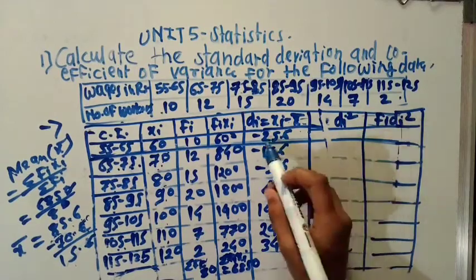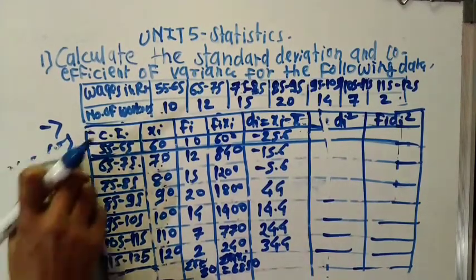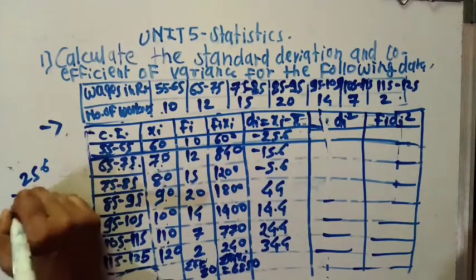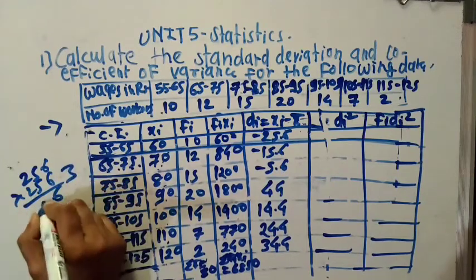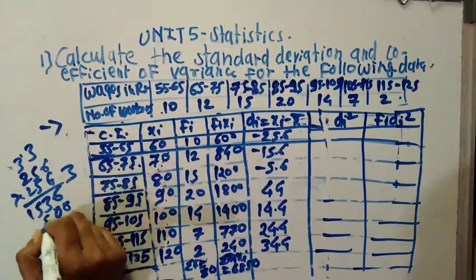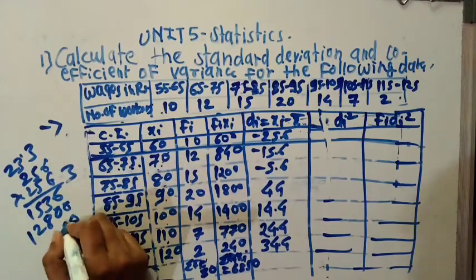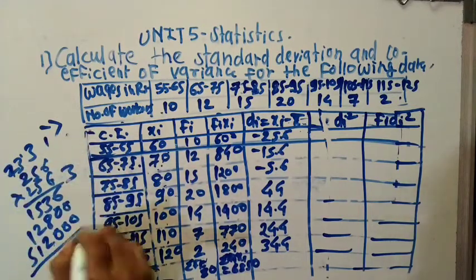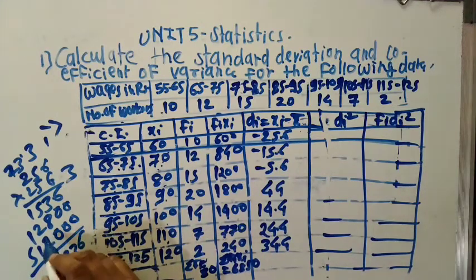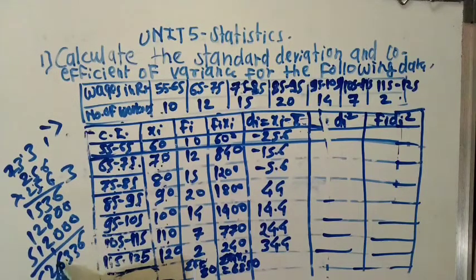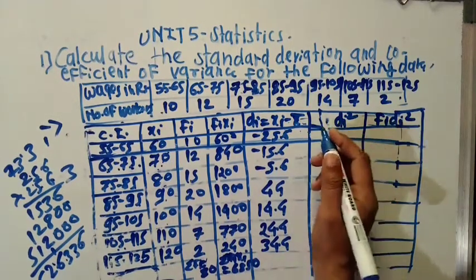Then find out di square, means 25.6 square.